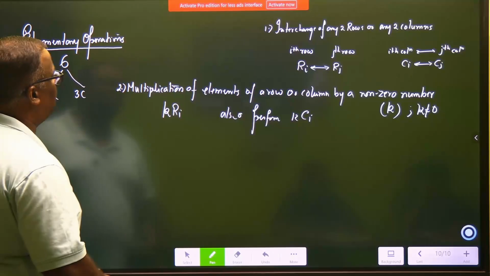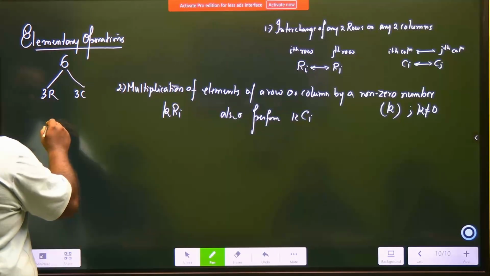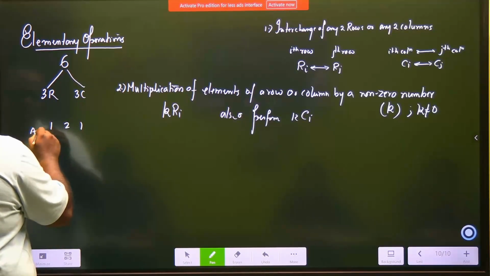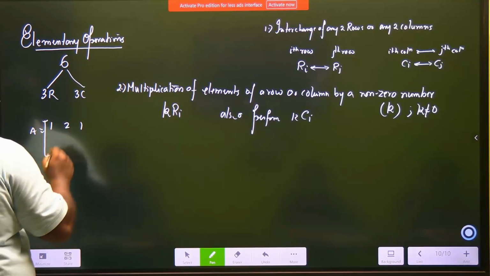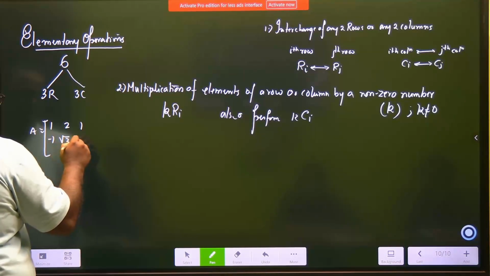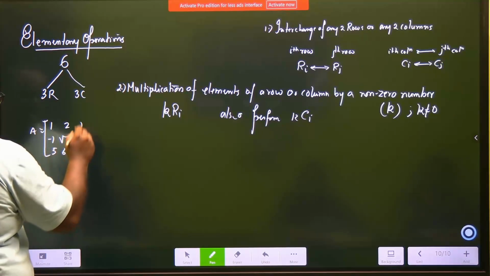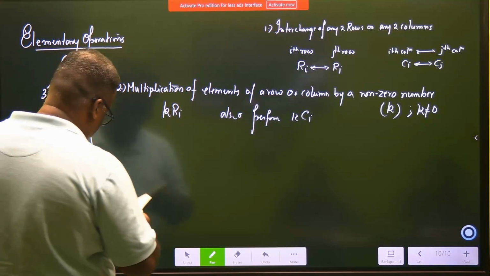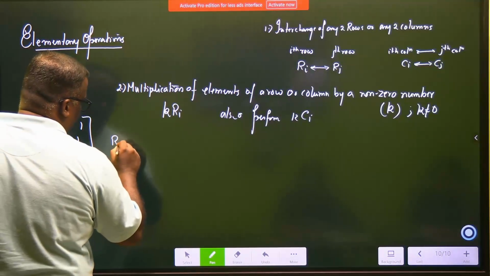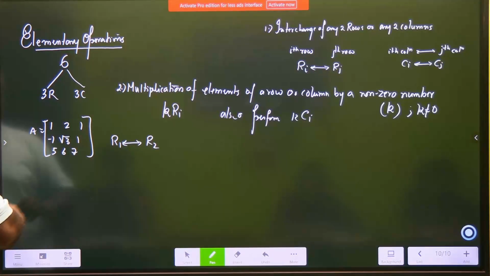now let's see some examples along with it. Say A is a matrix given by 1 2 1, then -1 root 3 1, and 5 6 7. What I'm doing here is R1 interchanging with R2.